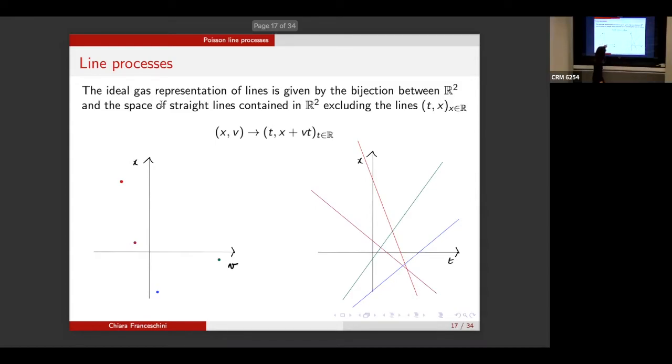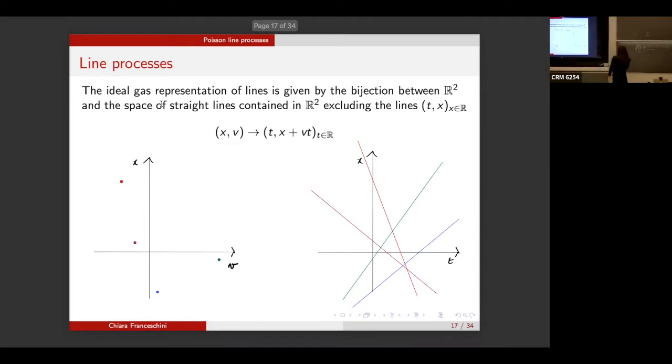The pink one again has negative slope, and it crosses the vertical axis precisely at this height. Similarly the blue one and the green one have positive slope, and they cross the vertical axis at the height given in this picture. Okay, so now we have a so-called marked line on the right picture. Again, I did not use the mark R, but you have to think that each of these lines has a mark attached.